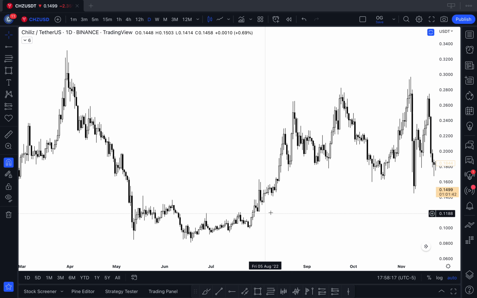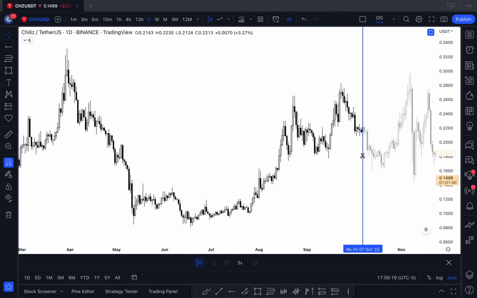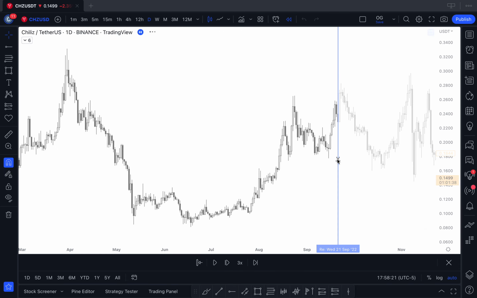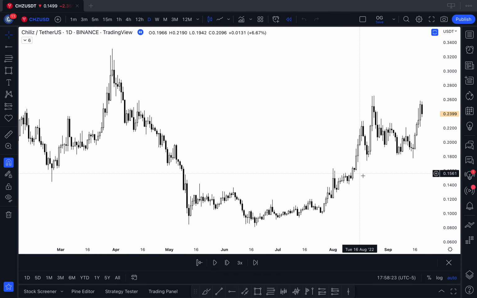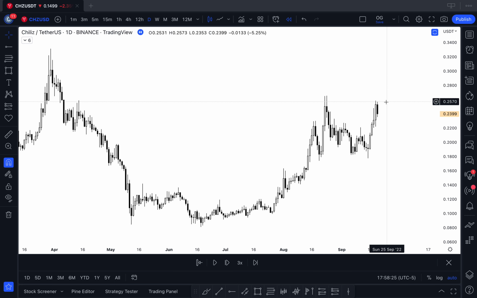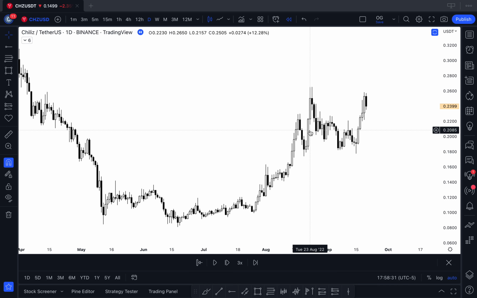So let's do a little replay so we can see where we are, right? This is kind of where we're at right now for TWT. And just to recap, there's a long period of consolidation, there's a breakout, there's a high put in, and you found support at this little bit of demand that showed up along the way to the high, right?